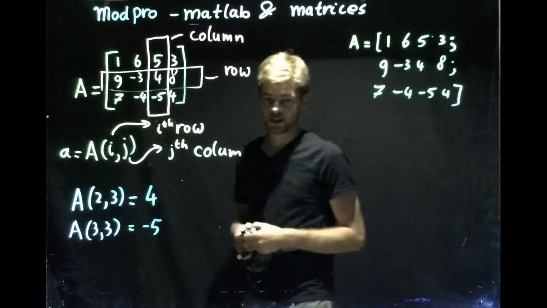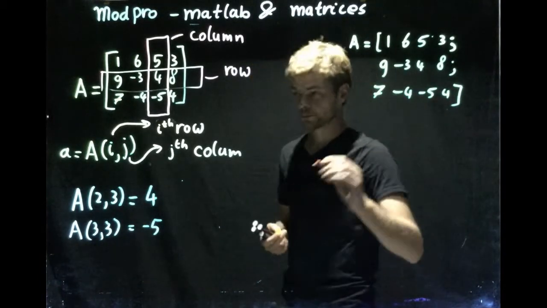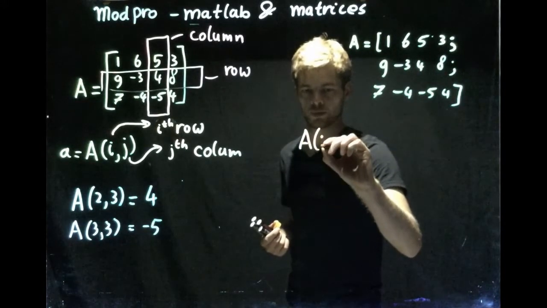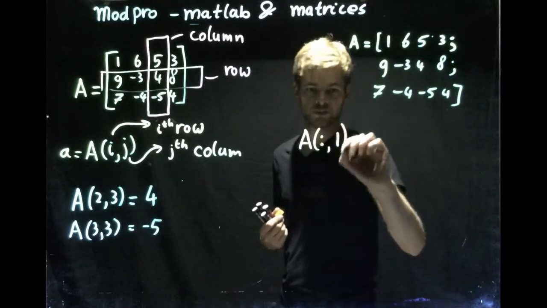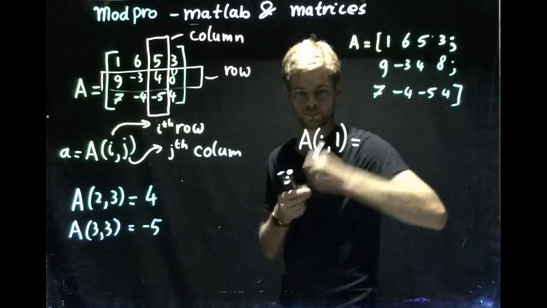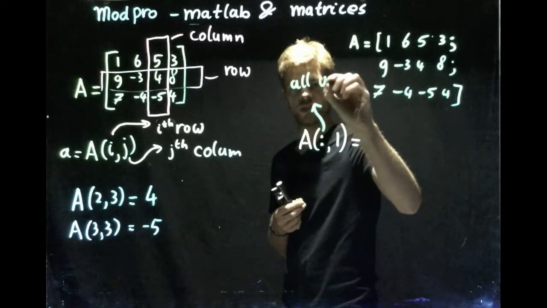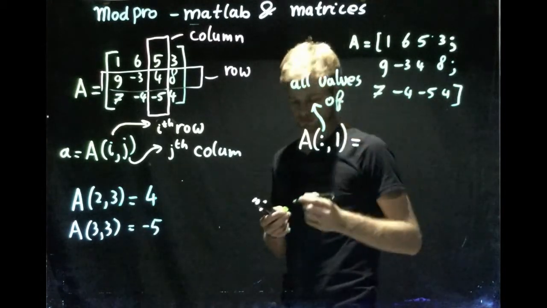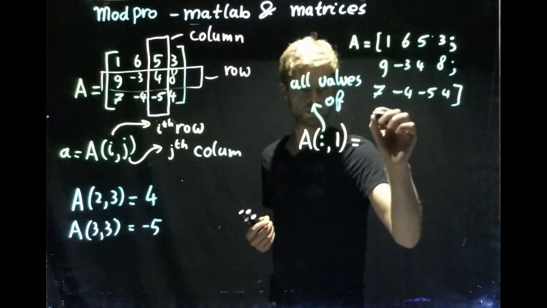Well, there's one more thing I can do, and that might be important: I can obtain the value of A(:,1), for instance. Now I request all values of the first column.